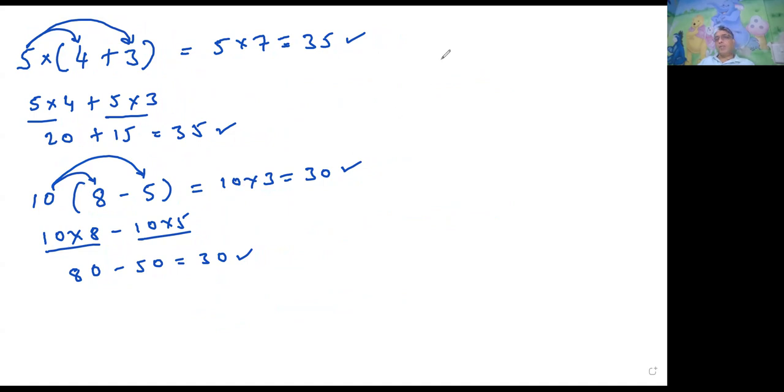Similar kind of questions, but with different numbers. Suppose you have 5 multiplied by 4 into 3. Will this go with this or with this?